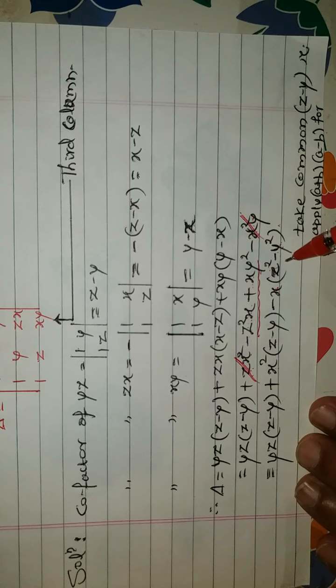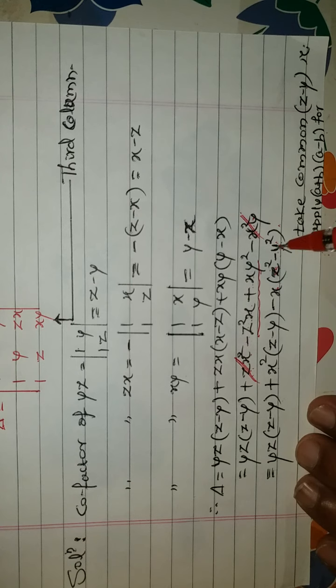By observing the term z square minus y square and applying the a minus b into a plus b identity of factorization from 6th or 7th standard, z minus y into z plus y gives z square minus y square.